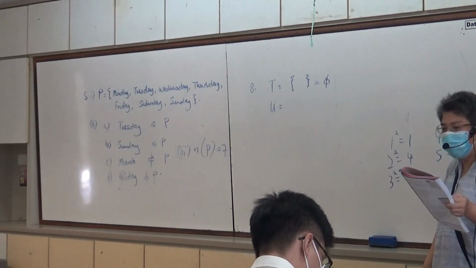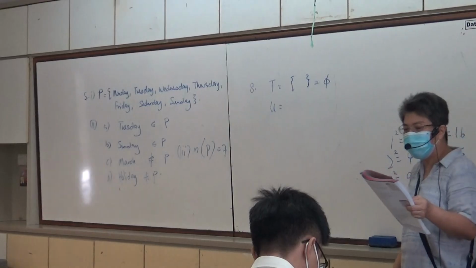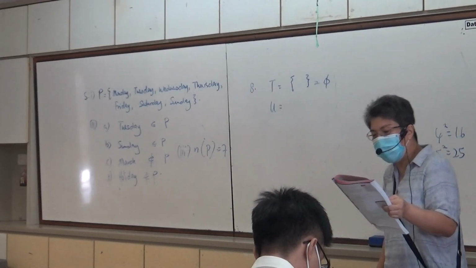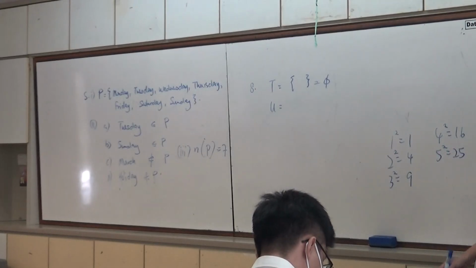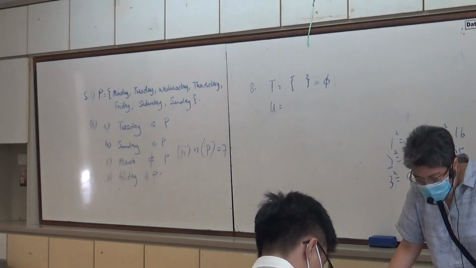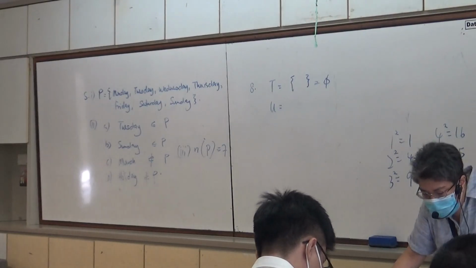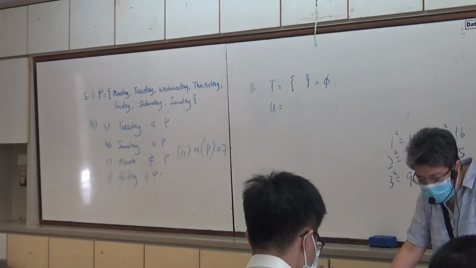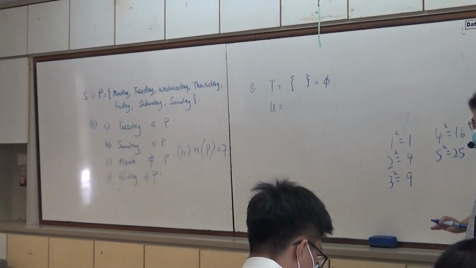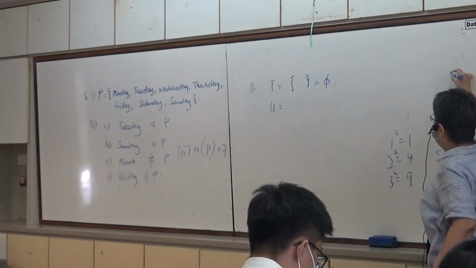U is a positive integer less than 5 that is both a perfect square and a perfect cube. Wow, a lot of conditions. Let us take a look. What do you mean by perfect square and perfect cube?